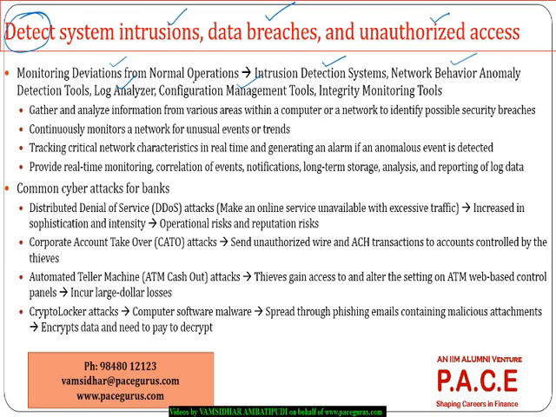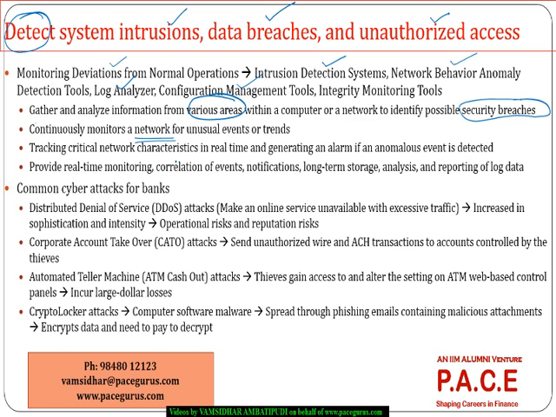So all these things, if I look at the intrusion detection, they look at the various areas of the computer. From the computer network, they look at different areas like the Windows folder, like the networks, all these things. They try to see wherever a security breach is possible, they try to identify that. If you are talking about a network behavior anomaly detection tool, they are monitoring the network for any unusual events or trends.